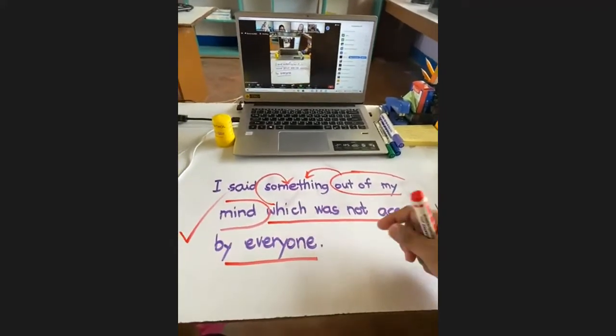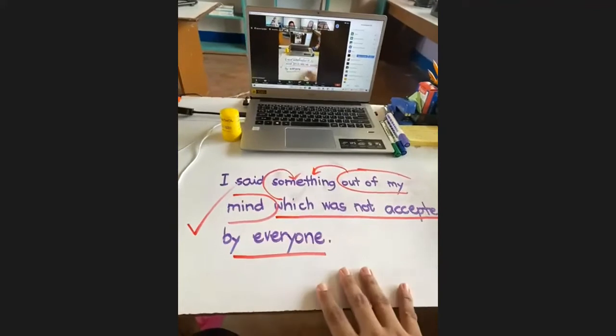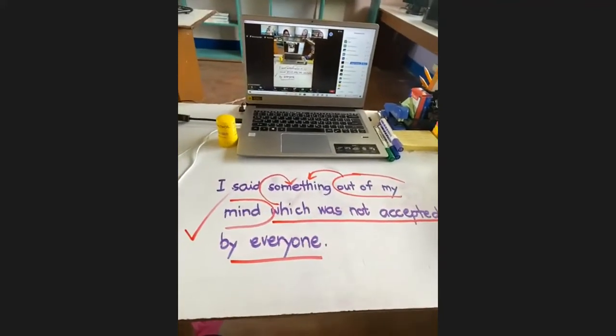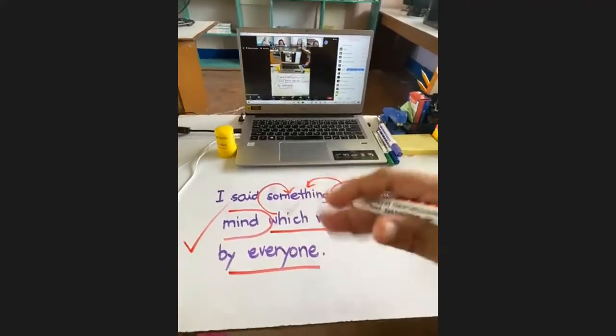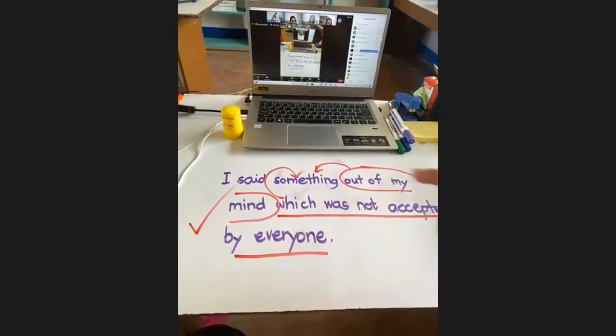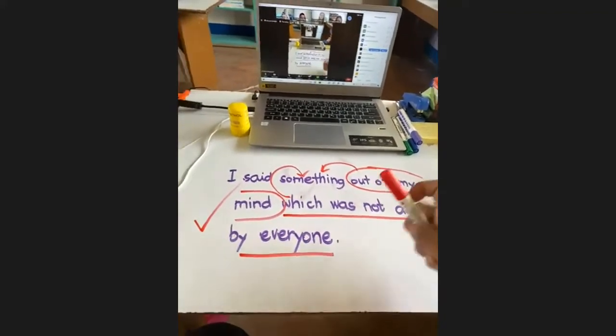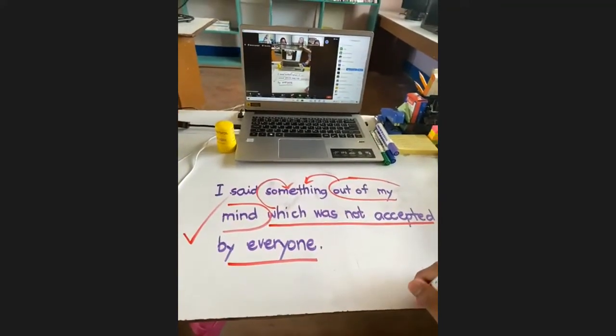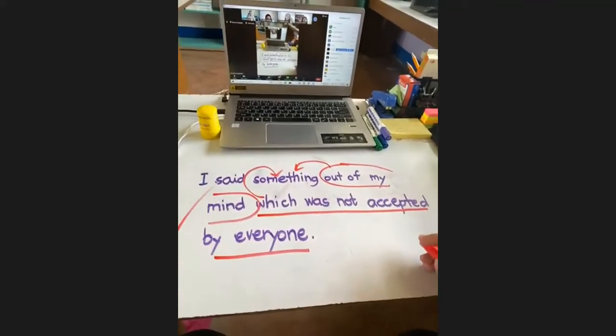If you want to state it as which was accepted by, which was not accepted by everyone out of my mind, that comes out as another sentence. But since this one is already correct, there's no need to revise it. The question earlier was just to know whether this one is correct or not. The answer is this is a correct sentence, meaning a modifier has not been misplaced.